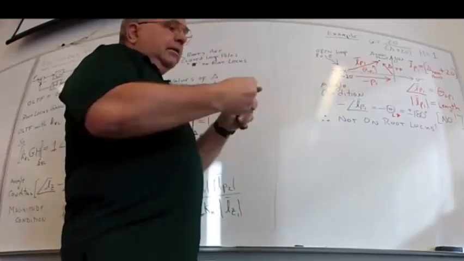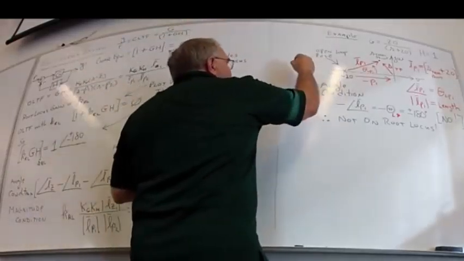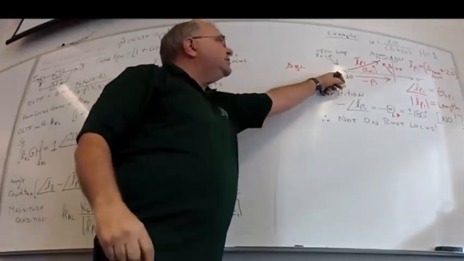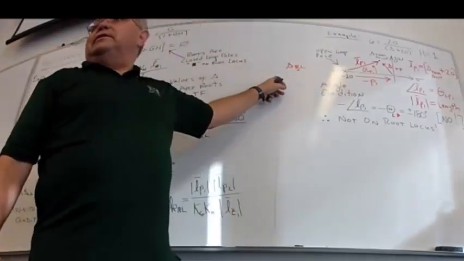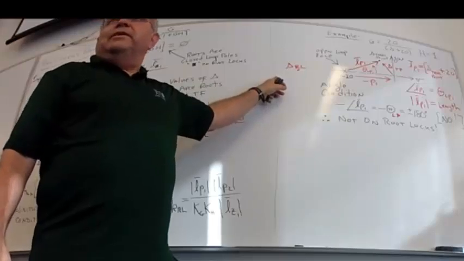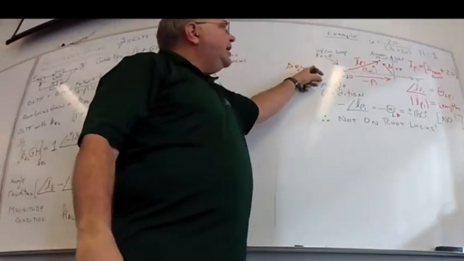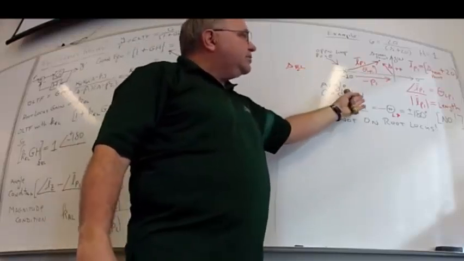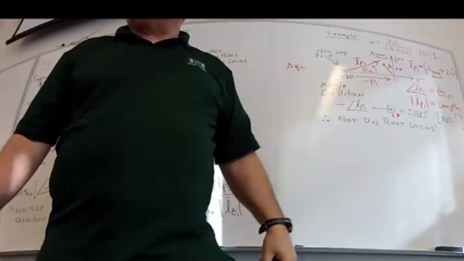This way. Any trial point is going to be on the root locus if I stay to the left of the x, because the angle is going to be 180, so it'll be plus or minus 180. It will be on the root locus.